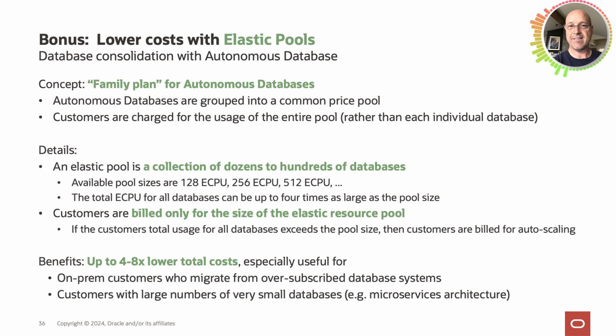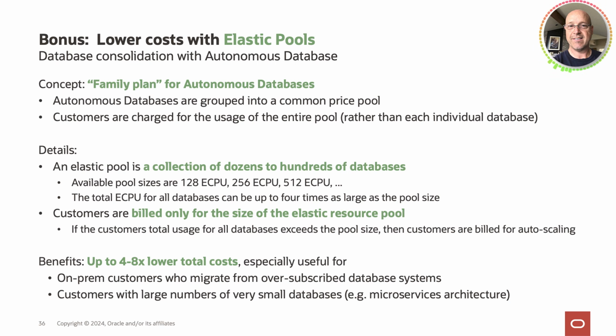And with tools like elastic resource pools, if you are one of those customers, you can basically bring all of these individual databases into a billing pool, if you will, and then you get costing benefits similar to what I described on the auto scaling, except it's more about sharing CPU utilization.